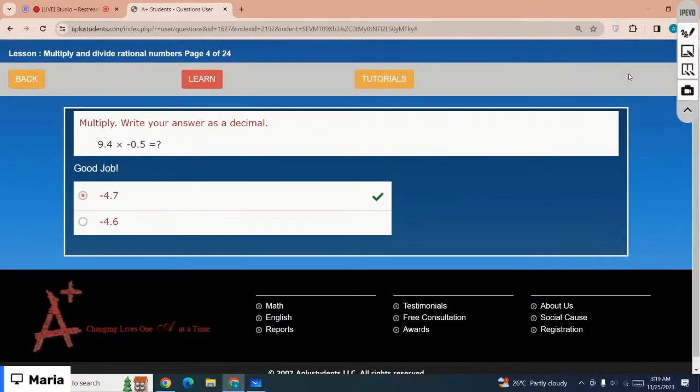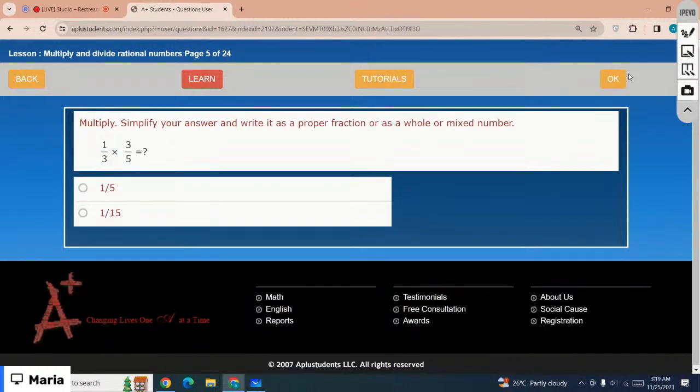Option 1 is the correct option. Okay, simplify. Which is the correct option? Yes, 1 over 3 times 3 over 5 is 1 over 5. Option number 1 is the correct option, right?